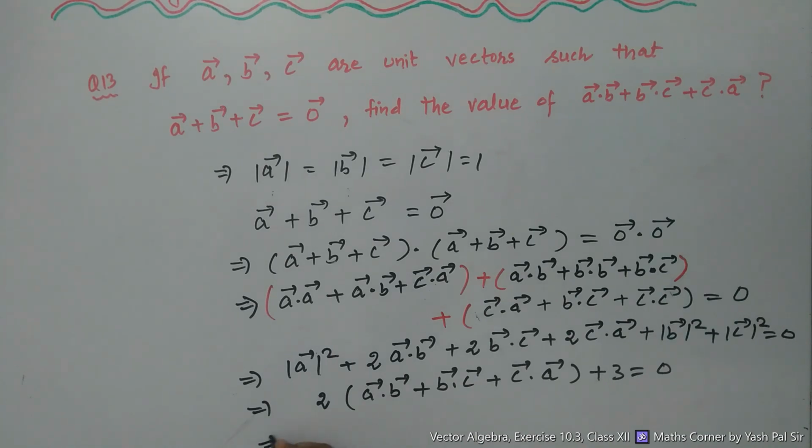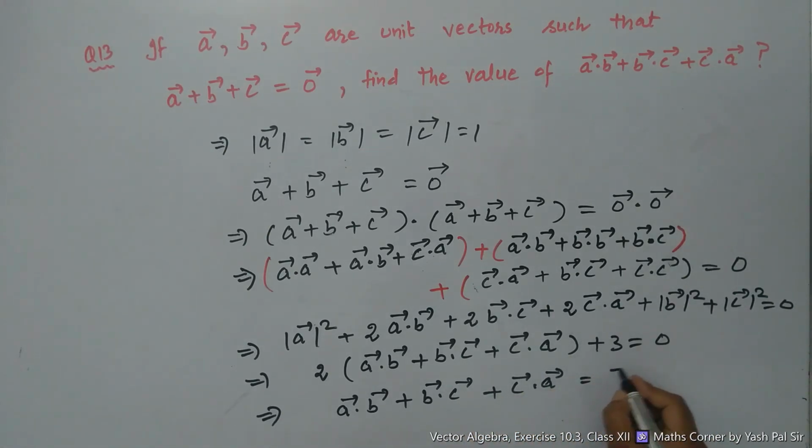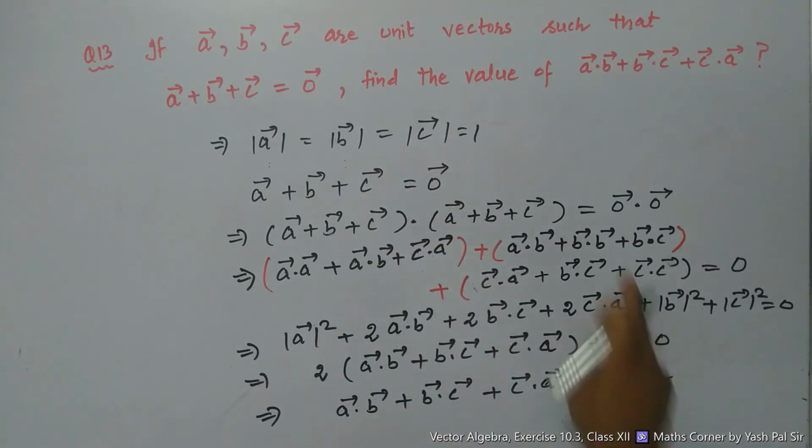So this way we can say the value of A dot B plus B dot C plus C dot A is equal to minus 3 divided by 2. So this is the required value of the given statement.